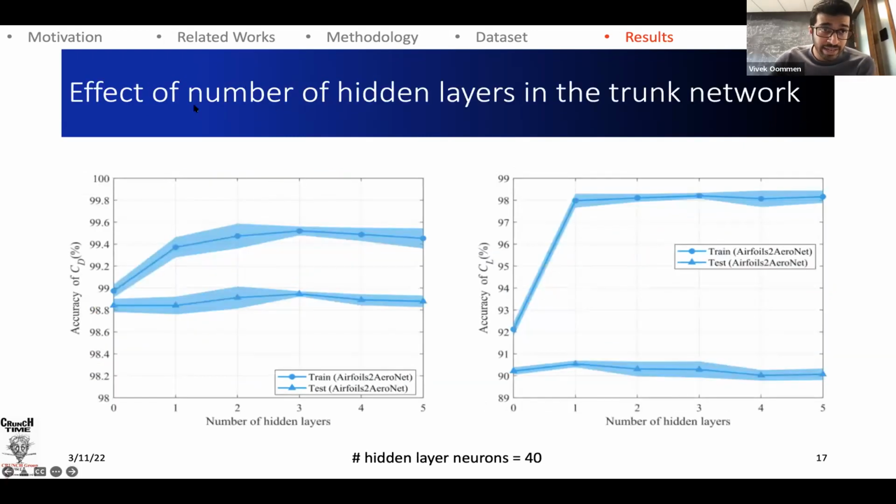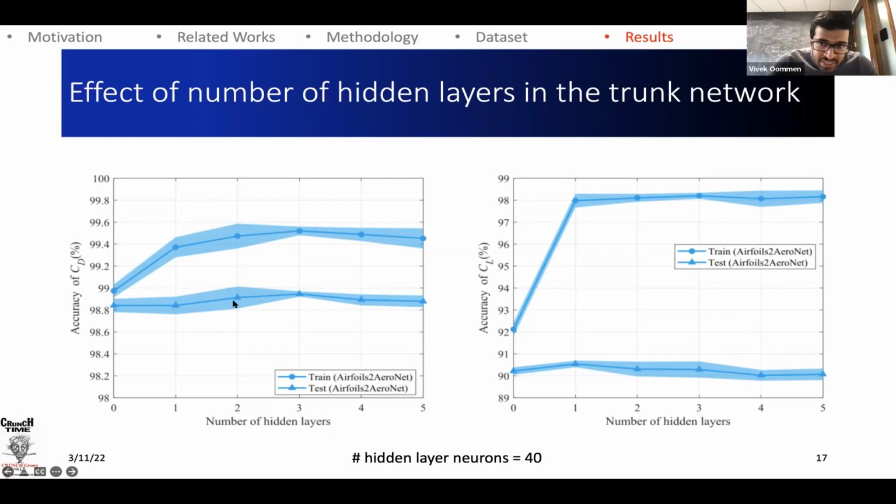Next, they perform an experiment to understand the effect of the number of hidden layers in the trunk net. Before I explain, to understand these results, according to the authors, the trunk net has an input layer, an output layer, and hidden layers. If hidden layers equal 0, it means it has just the input and the output layer, that's it.